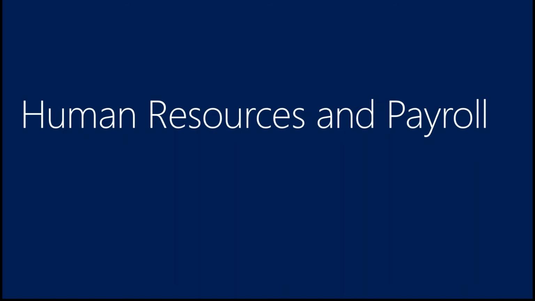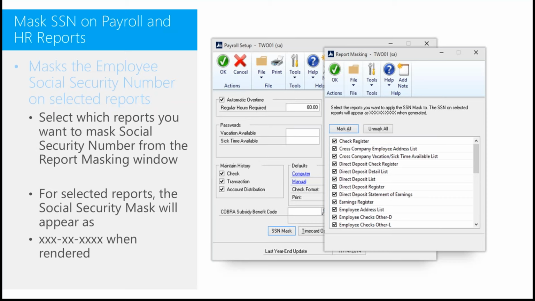So the next module that we'll be looking into is the Human Resources and Payroll. For years, customers have been modifying their own payroll reports in GP to be able to mask the Social Security numbers.